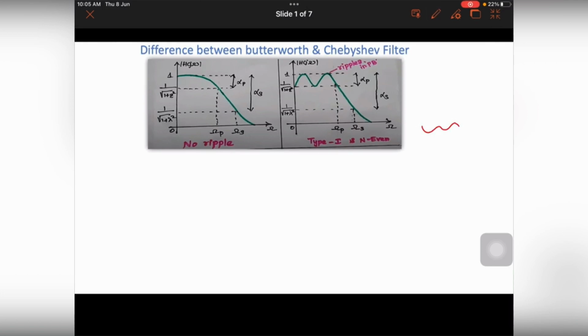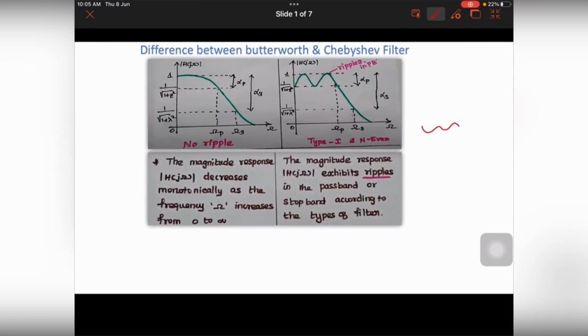Coming to the second one, let us observe the magnitude response H of j omega decreases monotonically as the frequency omega increases from 0 to infinity. As I said already, initially it is constant, and as frequency increases, the gain starts decreasing.